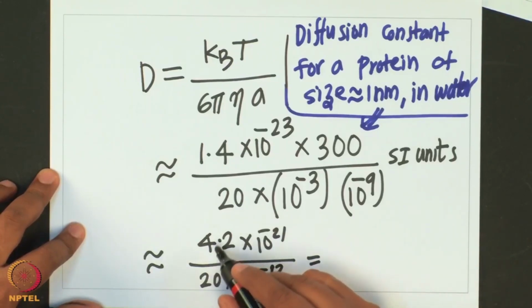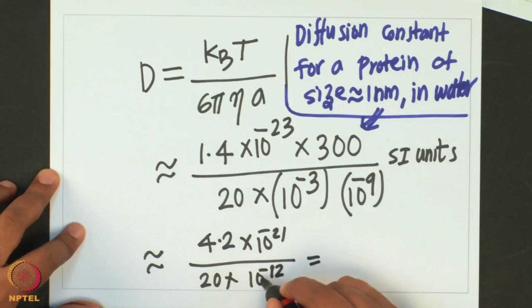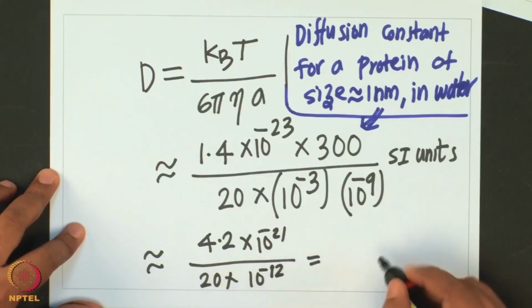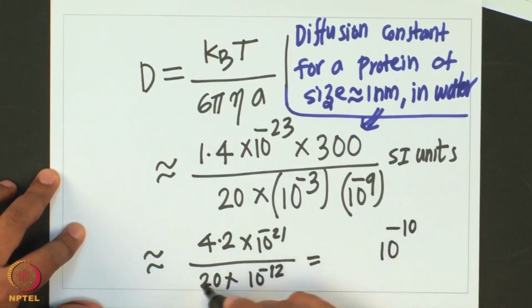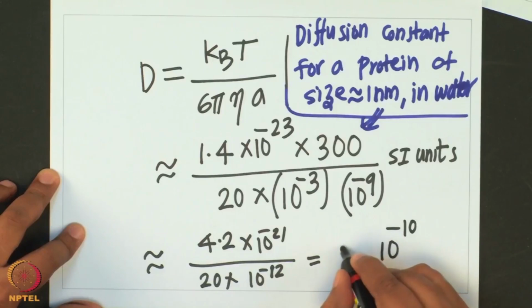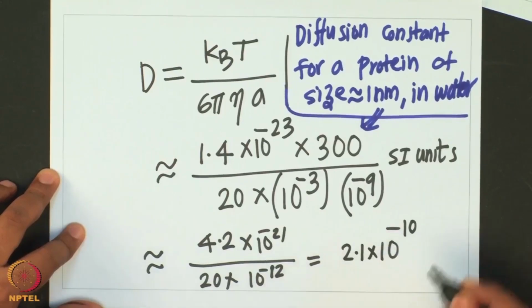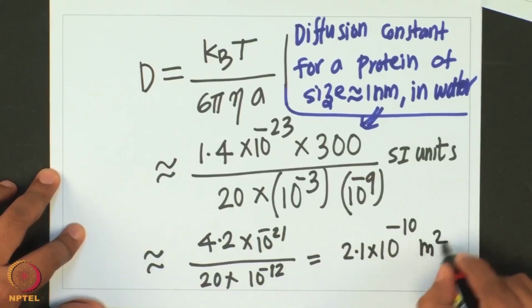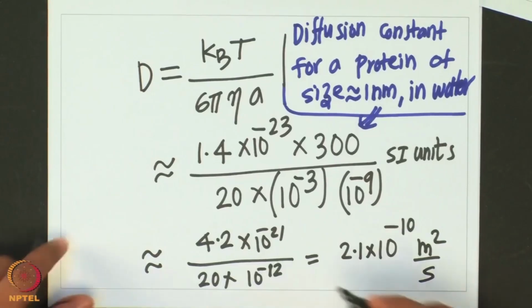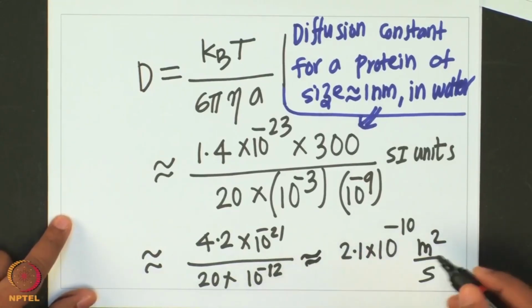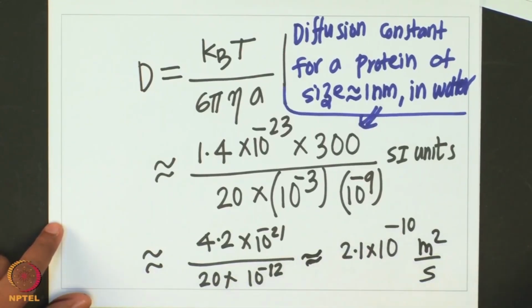This is approximately 10 power minus 10, and there will be 2.1. So 2.1 into 10 power minus 10 meter square per second. This would be the approximate number. I urge you to recalculate this.